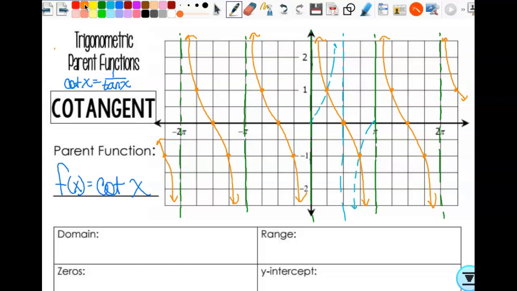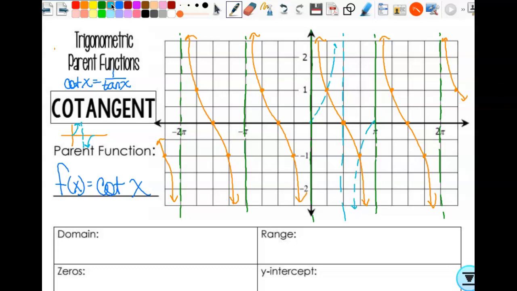There you go. Your parent function that you would sketch in would be tangent, just like you did for tangent. Okay, so we're just going to be consistent. The only parent functions we have are sine, cosine, and tangent, and then we just know how to use them to graph the others. Okay, we good?